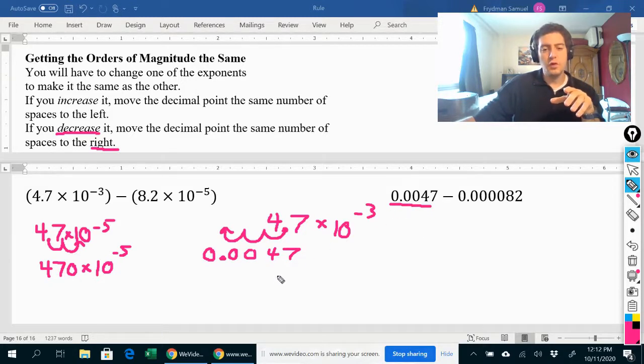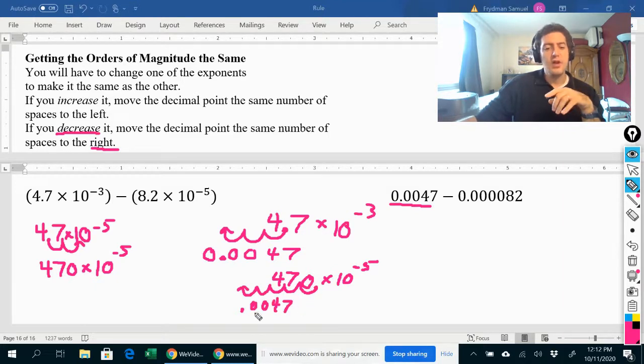If I do 470 times 10 to the -5th power, then remember the decimal is right over here. 1, 2, 3, 4, 5. Again, I get 0.0047, and I don't really need to worry about that 0 at the end. So you can see that this and this both have the same value. They're both equal to 0.0047.